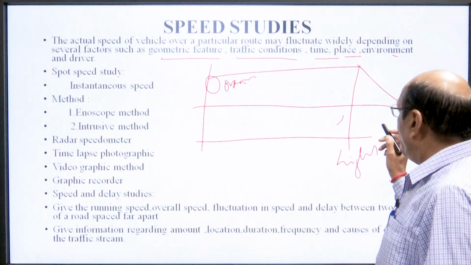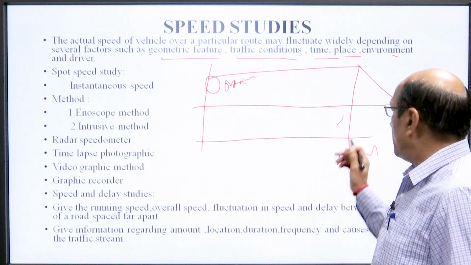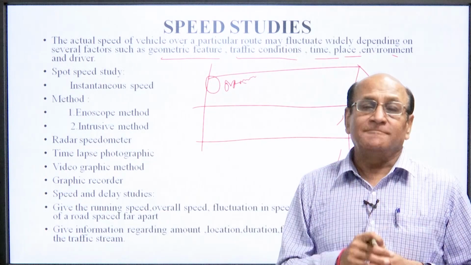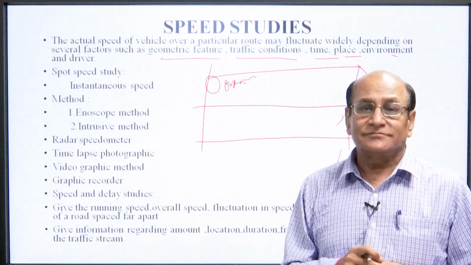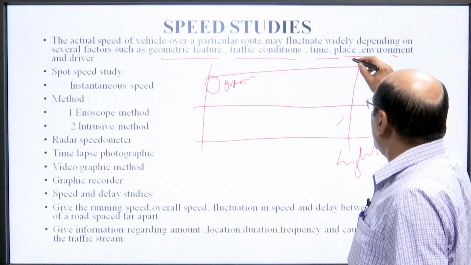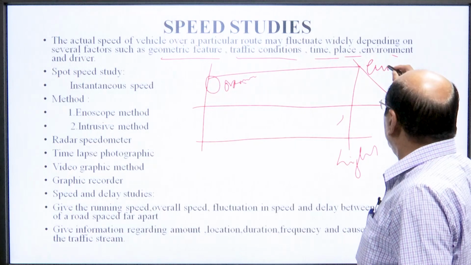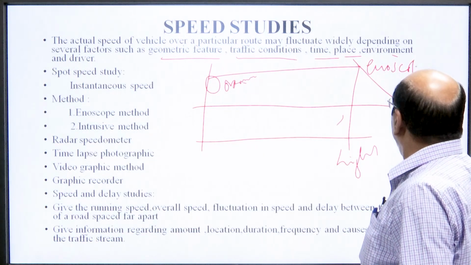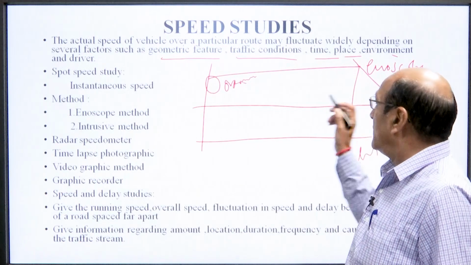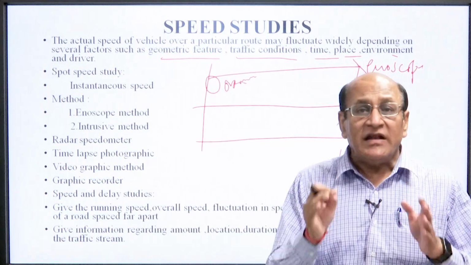So, when a vehicle crosses this point, the image of the vehicle will be reflected through the enoscope, and the observer will receive it.